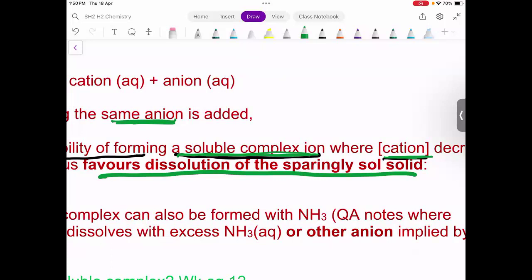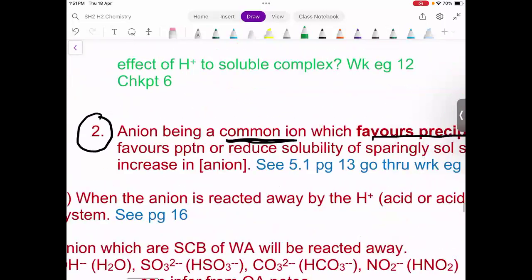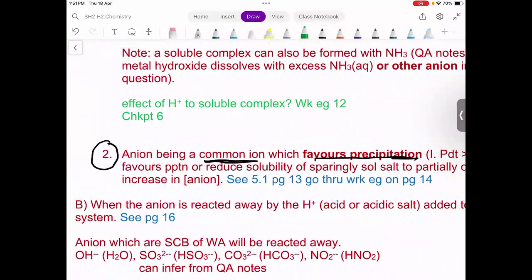Adding a surplus of the same anion, there are two possible scenarios. The first is exerting a common ion effect, which will reduce the solubility, like what you see in example number 2, silver chloride with surplus chloride.